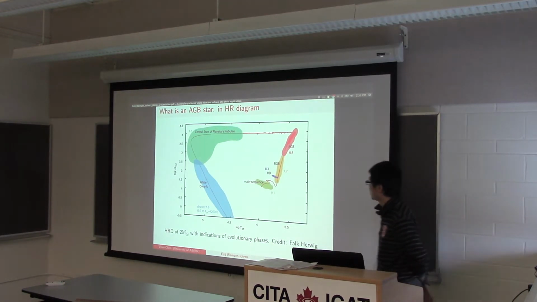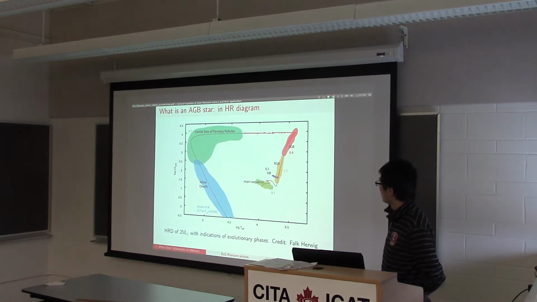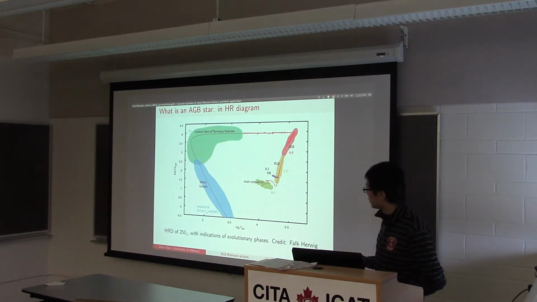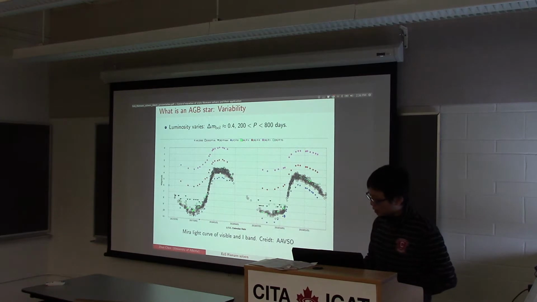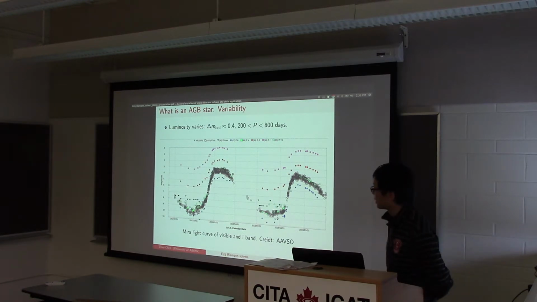This is the AGB branch, and this is showing the evolution of an initial mass of 2 solar masses. The variable star has light variation in its light curve, and its bolometric variability is roughly 0.4.